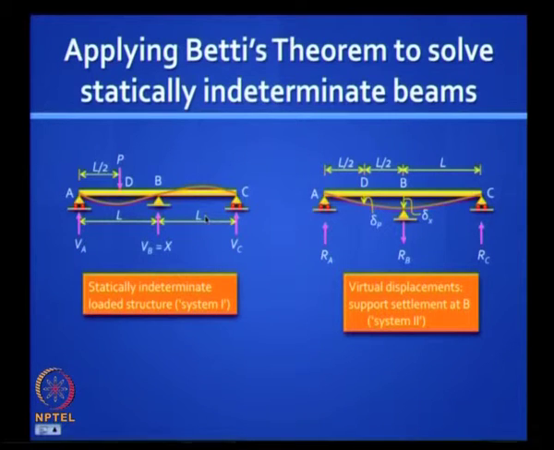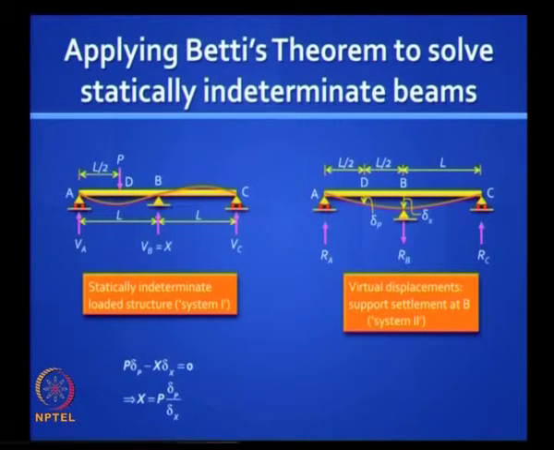We now invoke Betti's theorem, and you will find that the total external virtual work that you get when you multiply forces in the first system with the displacements in the second system is just P into delta P. Do you agree? Because none of the other external forces have any support movements that are non-zero.